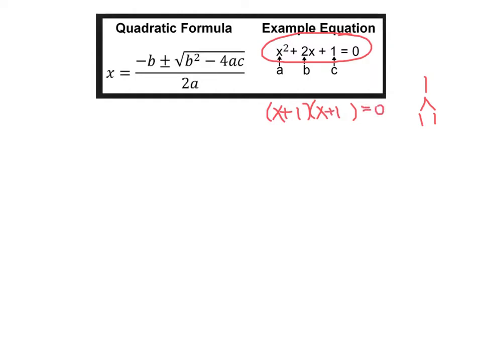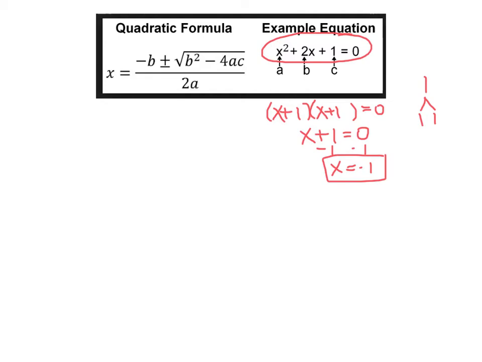Set this equal to 0, and we'd think, okay, it's the same factor twice, so if I just set x plus 1 equal to 0 and subtract 1 from both sides, I get x equals negative 1. And that's my only answer. This actually has a multiplicity of 2, but I'm not going to go into that in this video.